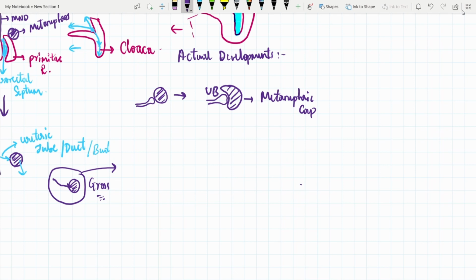Now what happens is this metanephric cap forms a vesicle. This is a part of ureteric bud, and this is metanephric vesicle. Firstly, it is like a vesicle form, and then it develops into pear-shaped form. This is pear-shaped.